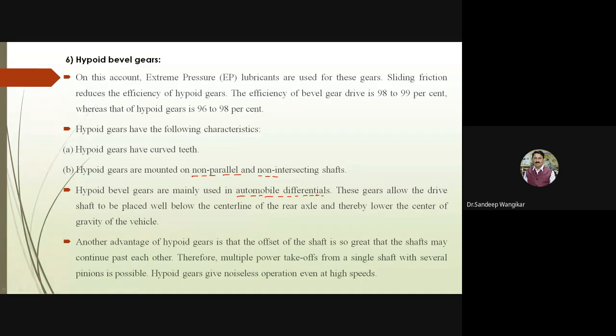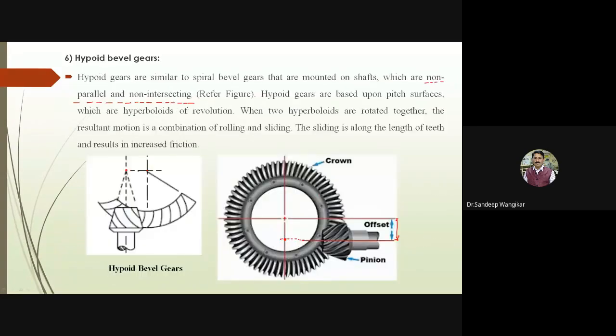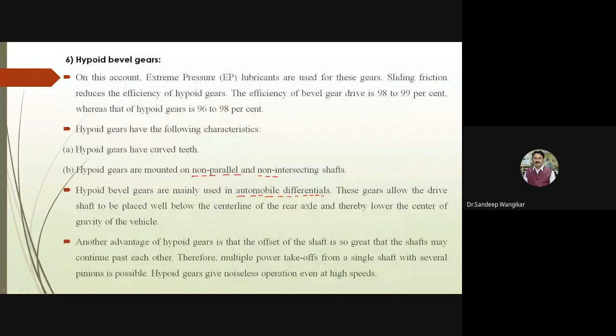Another advantage of these hypoid gears is that the offset of the shaft can be so great that the shafts may continue past each other. See, we can see the offset, there is more offset. So multiple power takeoffs from a single shaft with several pinions are possible. And again the teeth are curved.